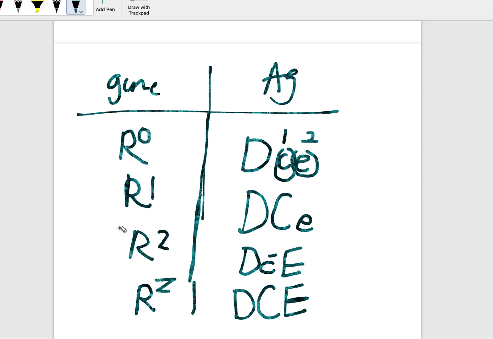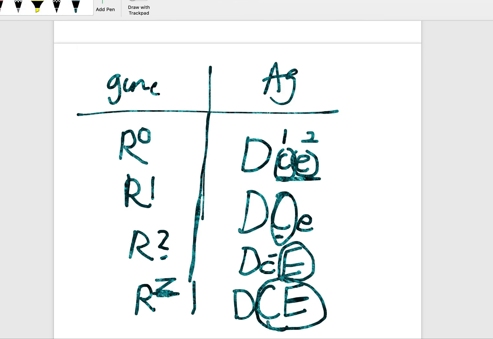So it's easy. When we have no numbers, both are negative. When we have number 1, position 1, which is C, is positive. When we have number 2, position 2, which is E, is positive. So this is C, this is E. When we have the letter Z, we have both positive, C and E.